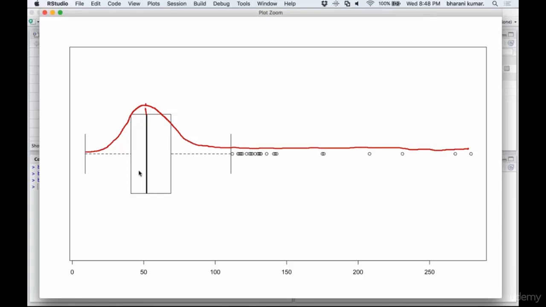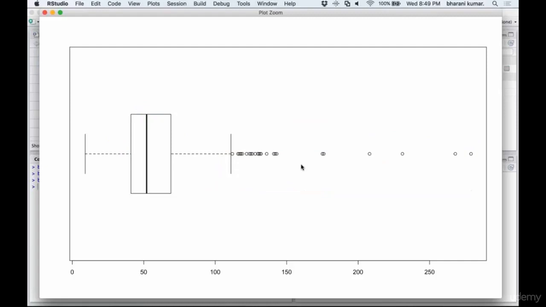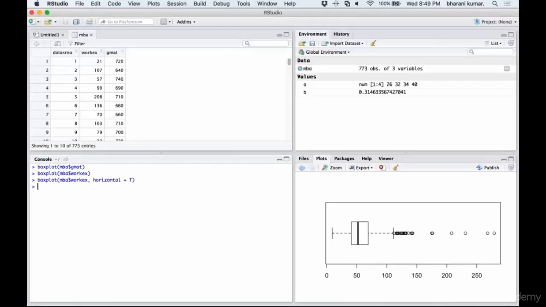And you know for a fact that this is skewed towards the positive side, or the right side. This is right skewed data. In this way, a box plot will also help you identify the distribution of the data. Such small visualizations, but the wealth of information that they give is amazing.